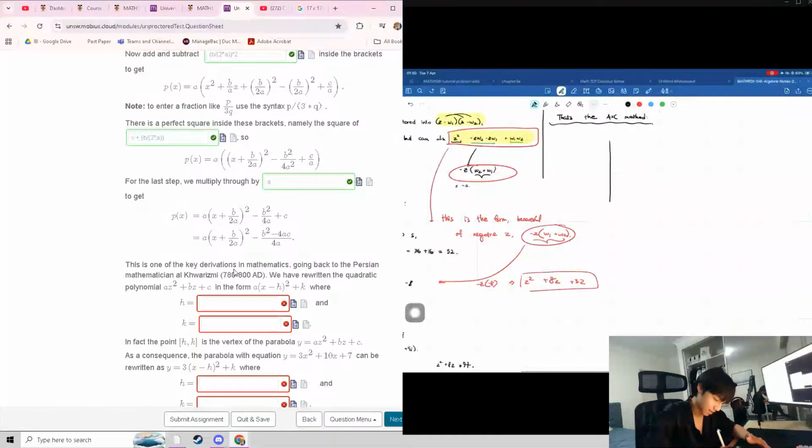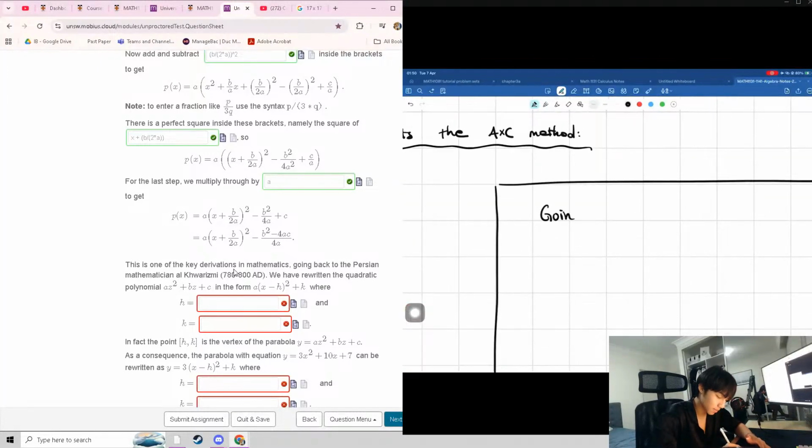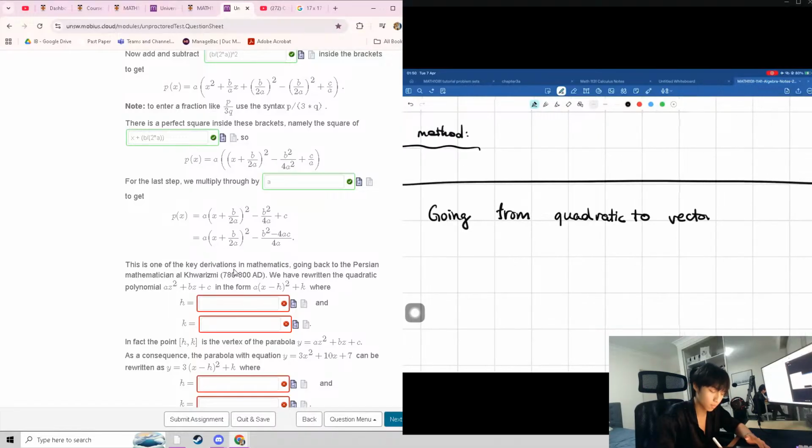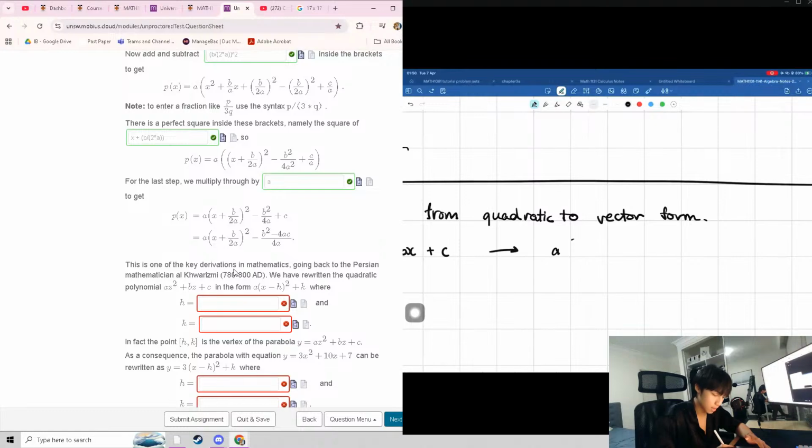Okay. So this is going from quadratic to vertex form. So going from ax squared plus bx plus c into a times x minus h squared plus k.